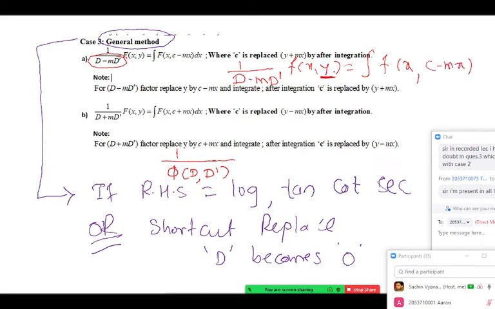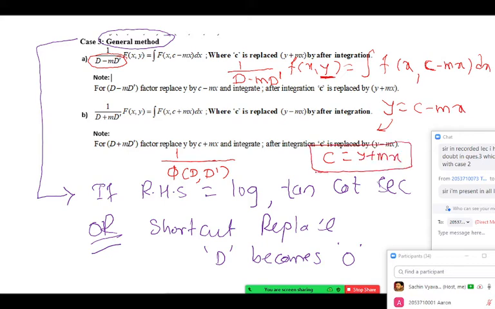So the function of x, y becomes a function of x, c minus mx, only in terms of x, and we can integrate it easily with respect to x. At the end we resubstitute the value of c, because we put y equal to c minus mx. This gives c equal to y plus mx, and we have to replace that at the end.